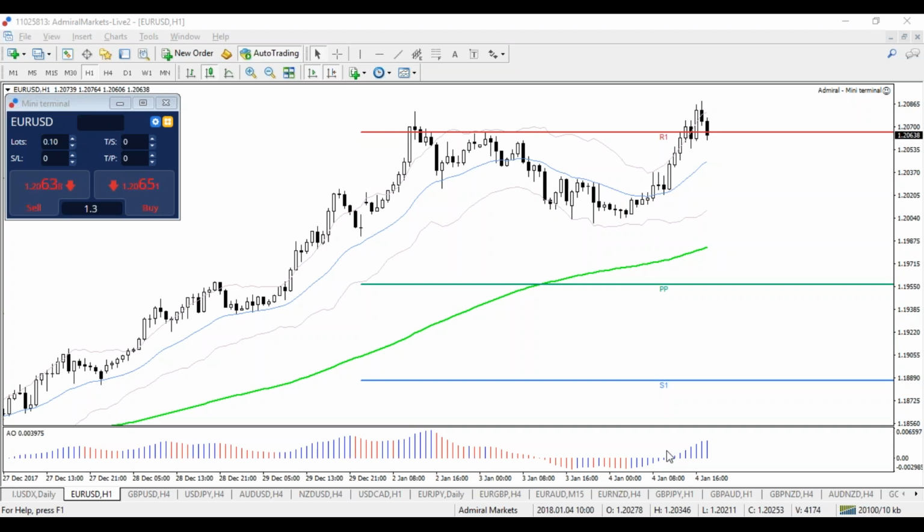Camarilla is a great one indeed, and whichever pivot point you use, you can test multiple ones and see which one you like the most. Camarilla is definitely something to think about. Nenad is a big fan, as you can imagine. Andy says pivots and fibs. So we're all thinking in the same direction for the moment.